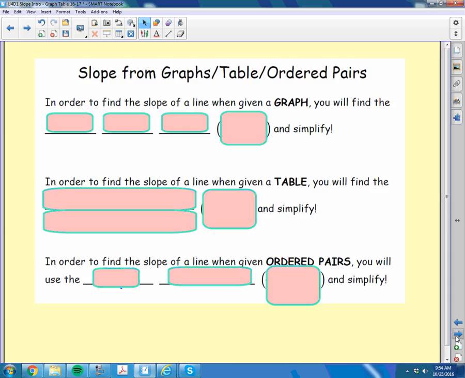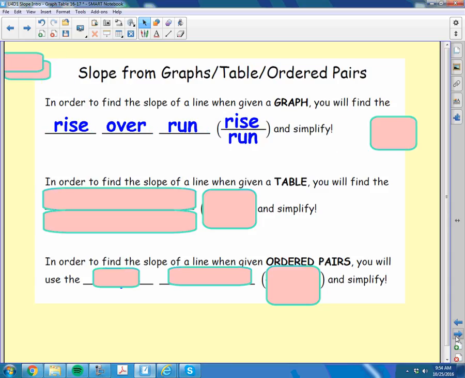In order to find the slope of a line when given a graph, we are going to find the rise over the run, write it as a fraction or a ratio, and we are going to simplify it. The rise is measured as an up or a down.